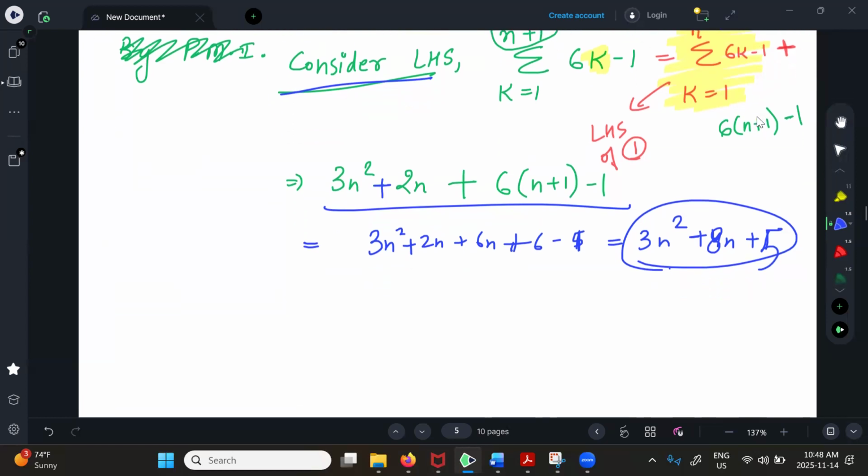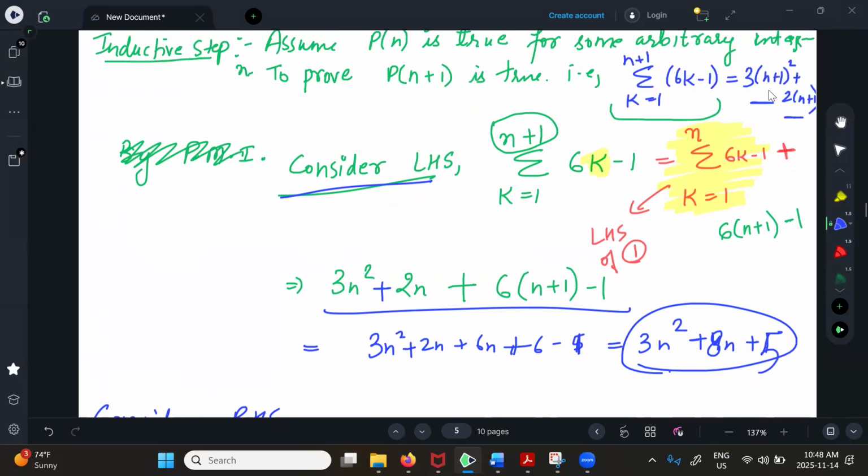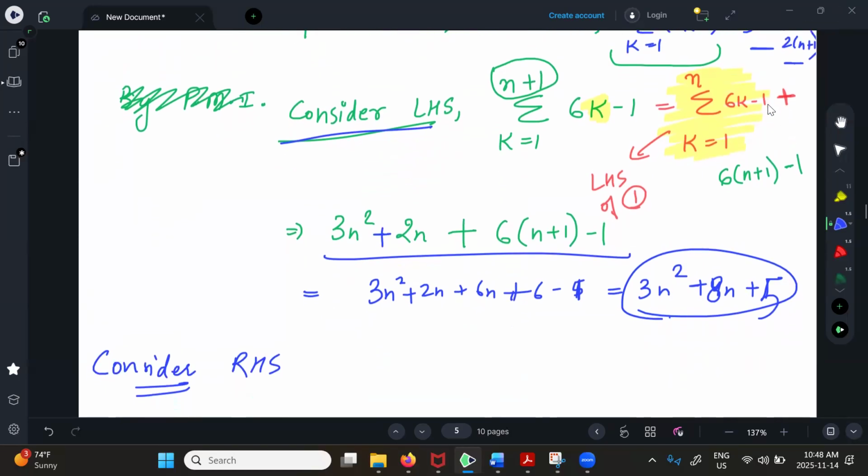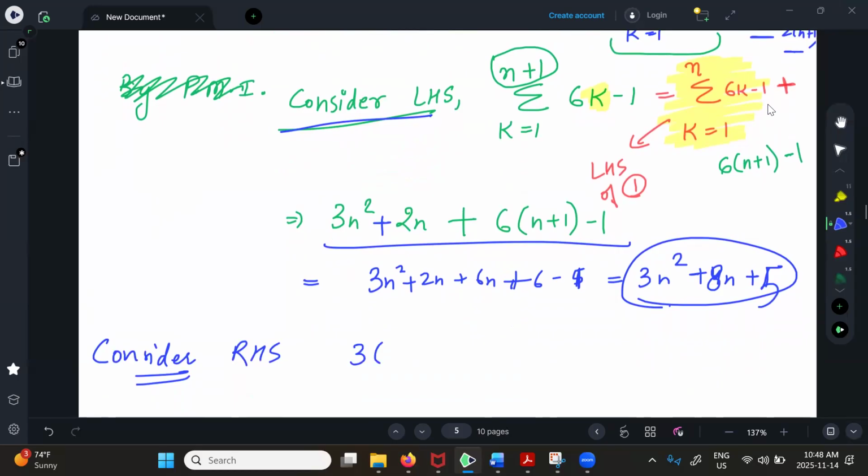The easier way is to consider the right-hand side, which is the right-hand side of this equation, which is 3 times n plus 1 squared plus 2 times n plus 1. And if you simplify this one, it will end up looking like 3n squared plus 8n plus 5.